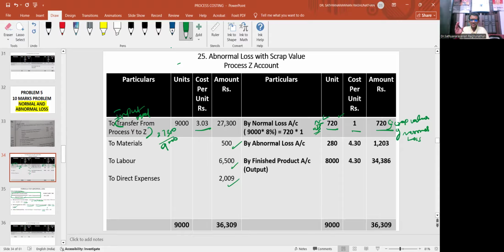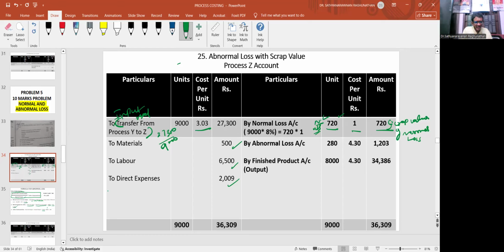First information will be the normal loss, second the abnormal loss, third the finished product. In the debit side of the process account, first one will be the input, second material, third labor, the next direct expenses, and the next overhead.